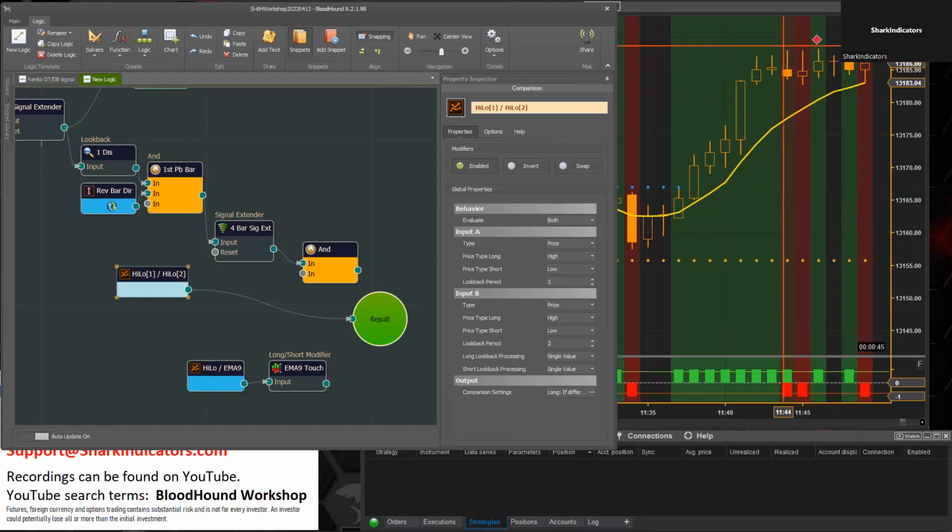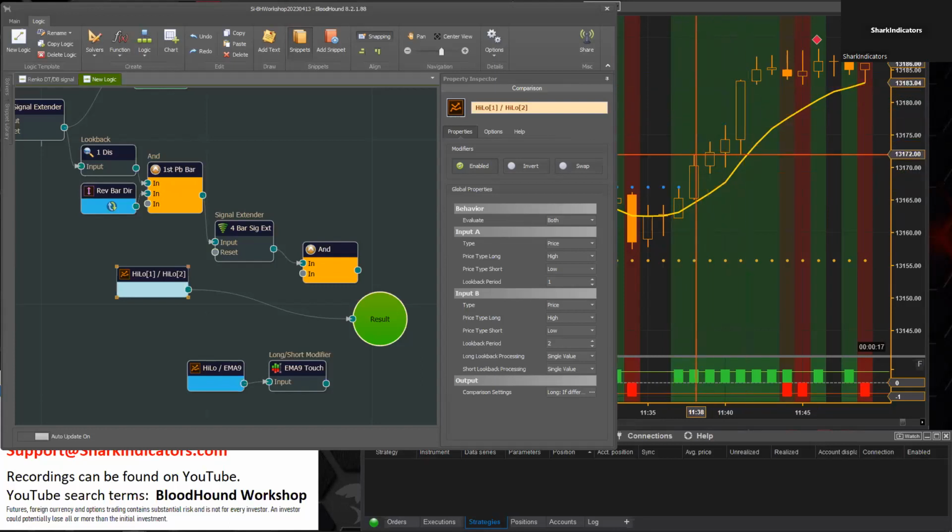So when we get a violation of these pullback bars, I'm going to generate a short output, because this pullback is for a long signal. If this pullback had worked out and pulled back smoothly, it would have generated a long trade signal, because we have a swing high being broken here.